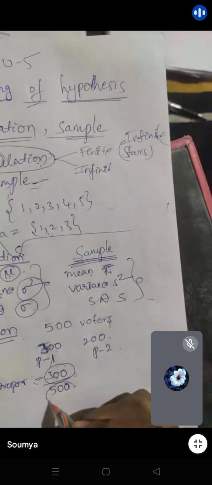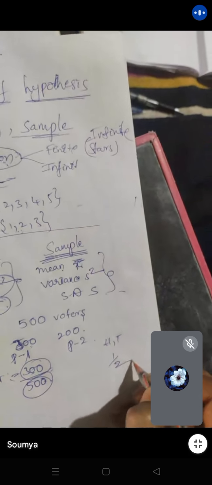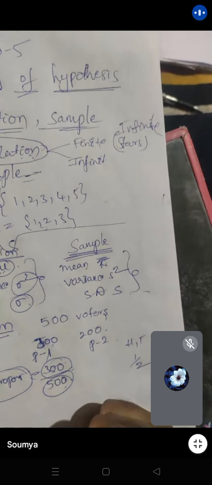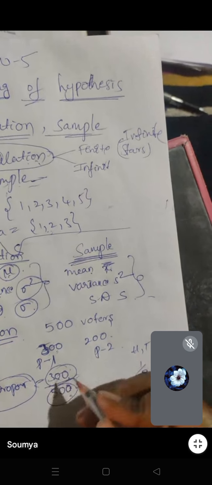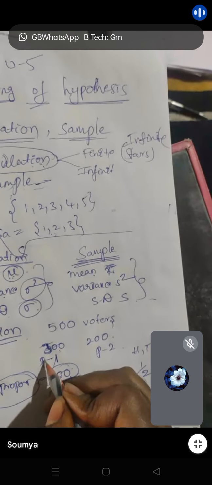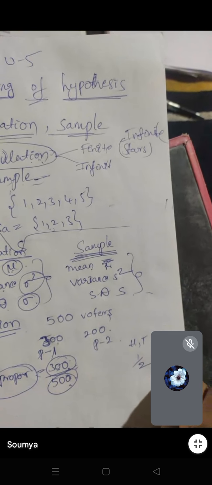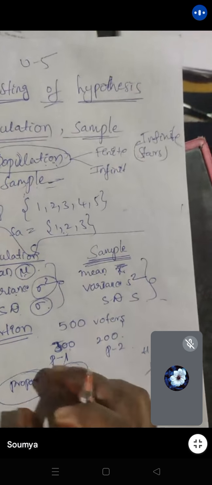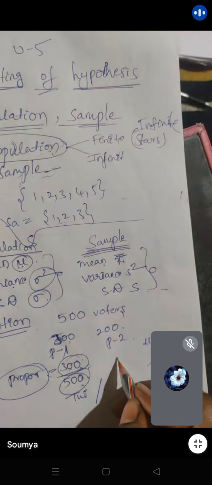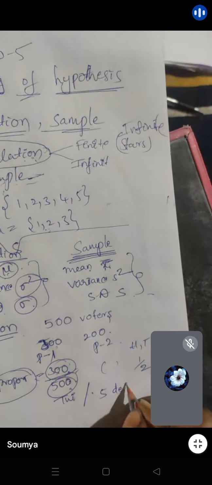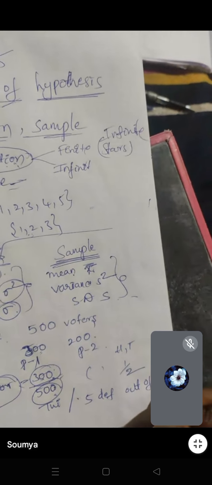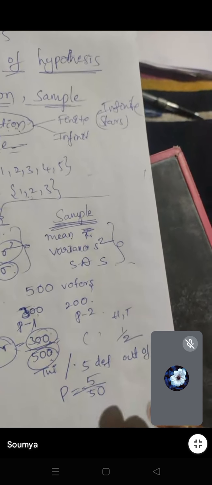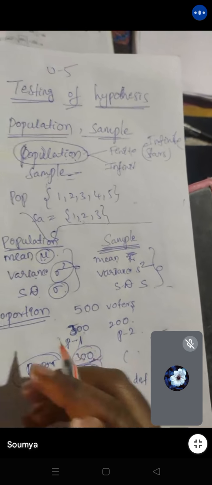You also know that for head and tail the probability is 1/2. Same like that, we call proportion also probability. So this much out of that much, out of the total, is proportion. Remember in simple words, if you have 5 defective out of 50, then 5/50 is the proportion.